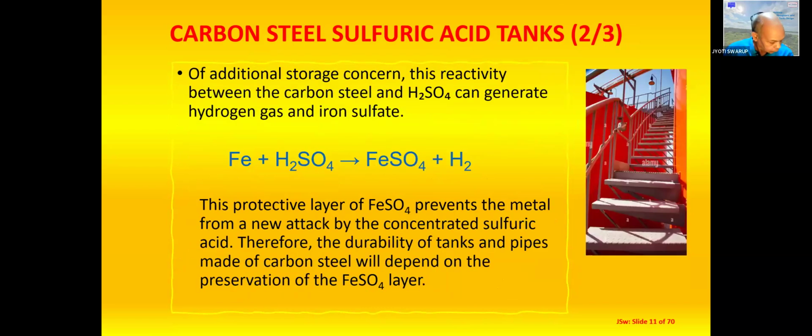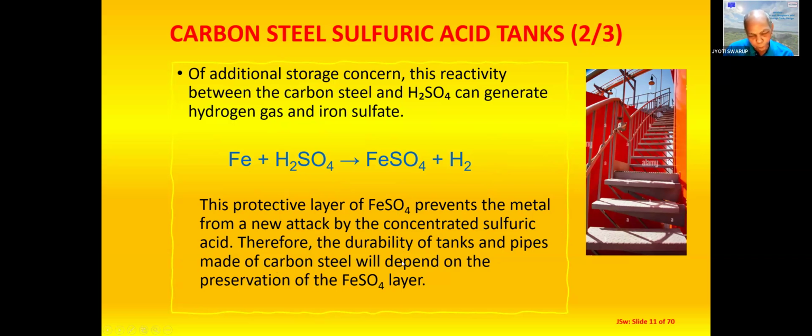Now, of additional storage concern, the reactivity between carbon steel and H2SO4 can generate hydrogen gas and iron sulfate in the formula Fe + H2SO4 = FeSO4 + H2. The protective layer of FeSO4 prevents the metal from new attack by the concentrated sulfuric acid.